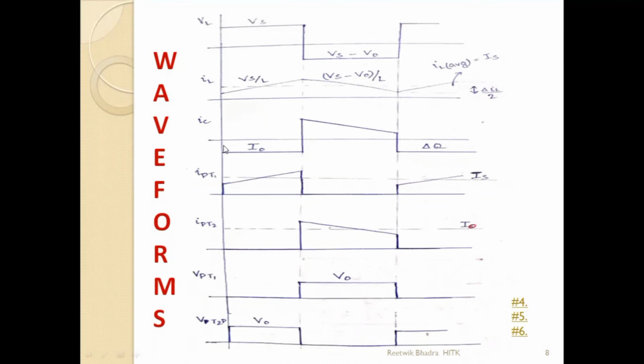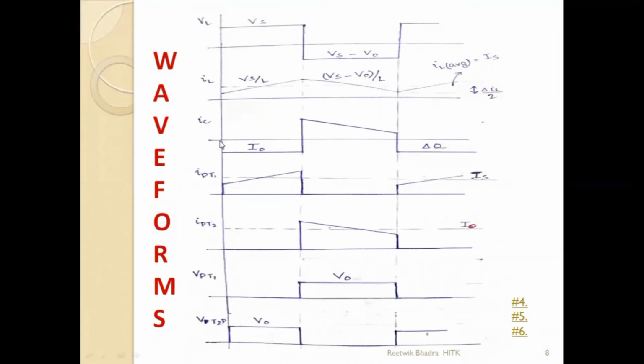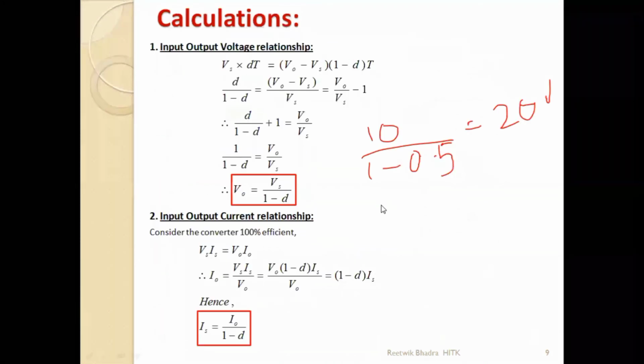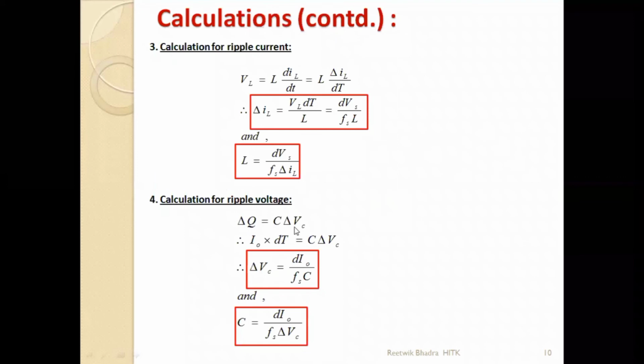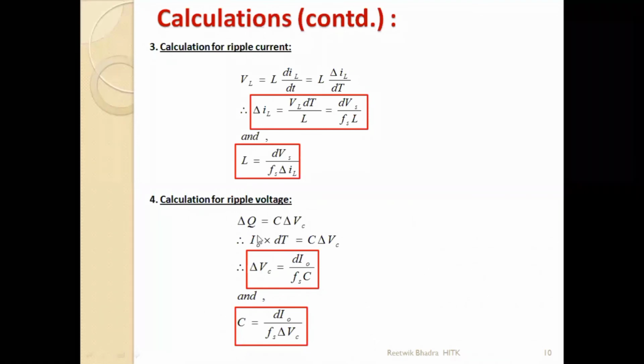So I'll apply the area of this first part only to find out that del Vc. I'll take this first part and find the area, how much charge is stored during this DT period. So del q is equal to C del V. During that period, I'm taking the magnitude, q equal to I into t, you know.